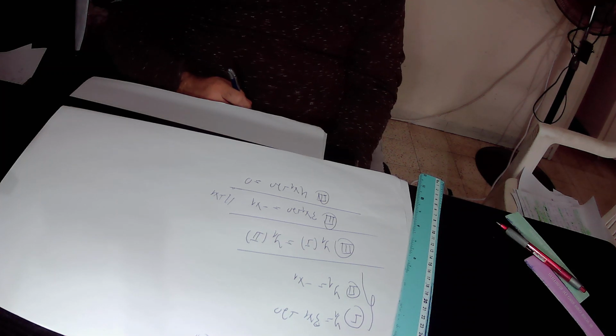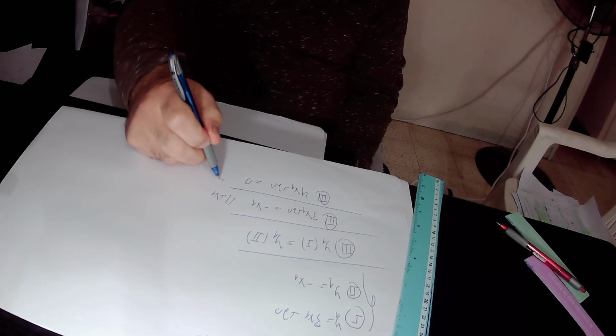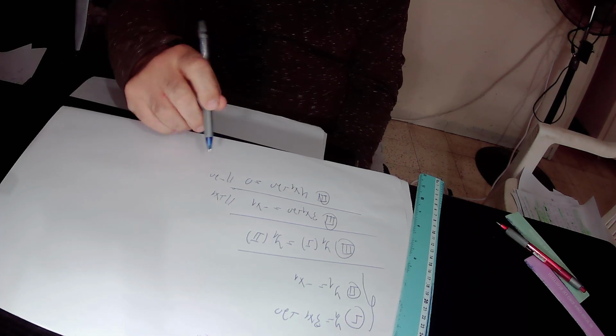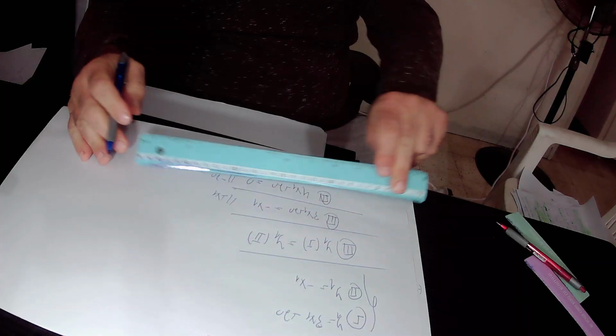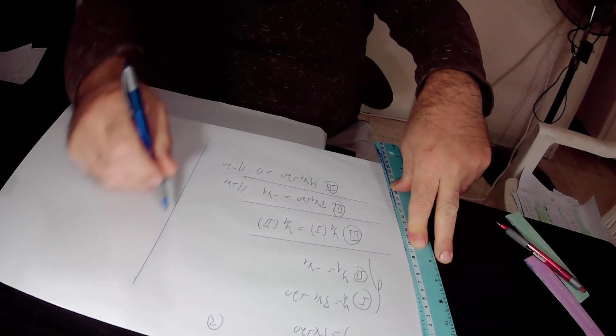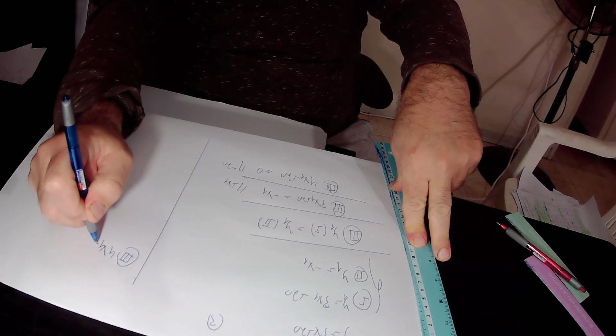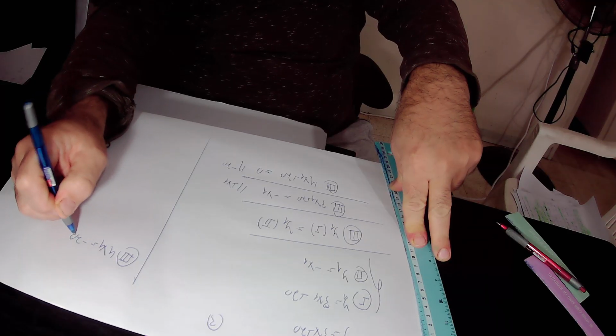Here we will subtract 20 from this equation 3. We get that according to equation 3, 4x1 equals minus 20.